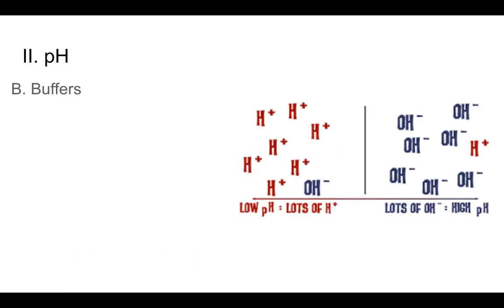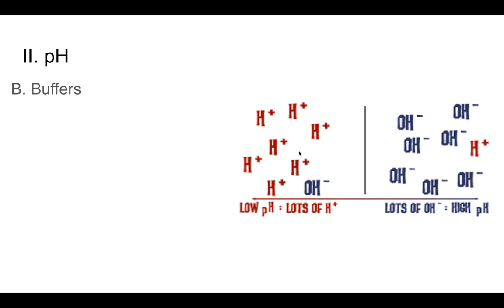Okay, so think about, this is our really acidic environment. And if I'm trying to lower that acidity, if I'm trying to prevent it from becoming acidic, we just said we're going to add a weak base to that. Well, the weak base is a base because it's got some hydroxides in it.